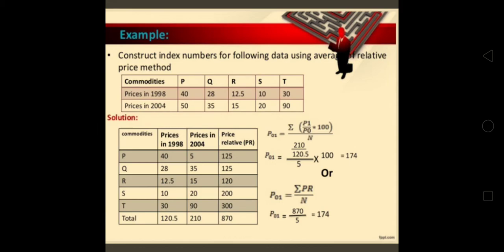This is the solution. Again commodities are there, base year is 98 and current year is 2004. But you have to convert here to PR or price relative. That means you have to multiply. For getting price relative, we can take the values of 125 and so on, just like 120.